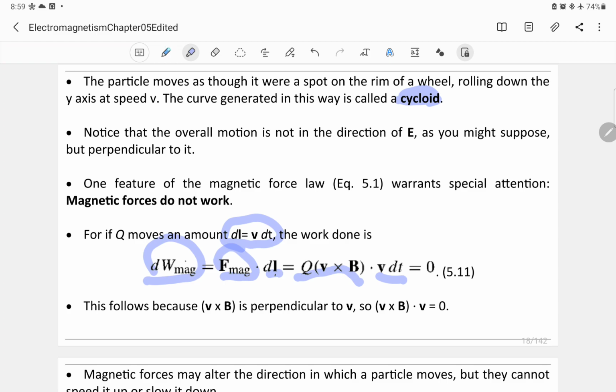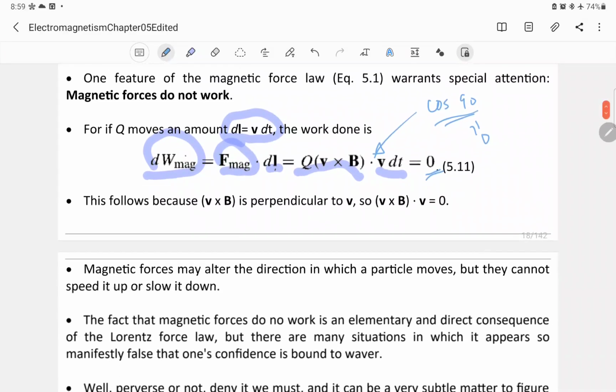So what becomes of the dot here? That becomes cosine of 90, but cosine of 90 is equal to 0, so everything is 0. Hence you have work done by magnetic force equal to 0.